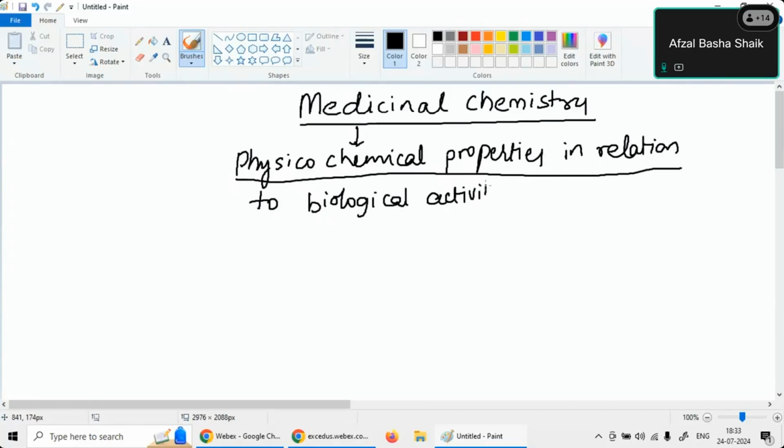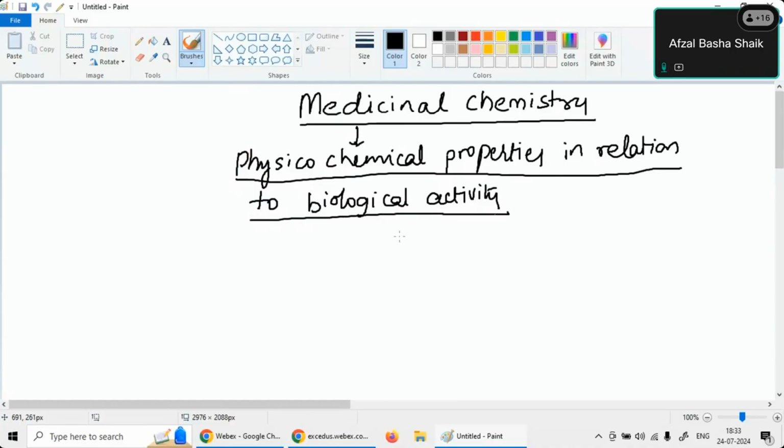If we are very much clear about different important concepts underlined here, then it is easy for us to understand different classes of the drugs, right? That is where we will see some of the important critical aspects here. After discussing these critical aspects, we will move into individual category of the drugs.